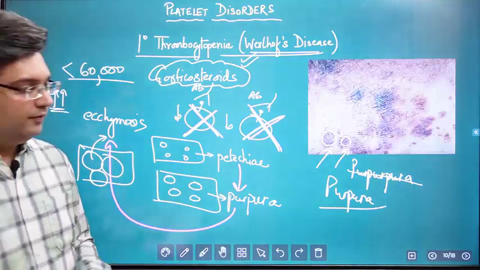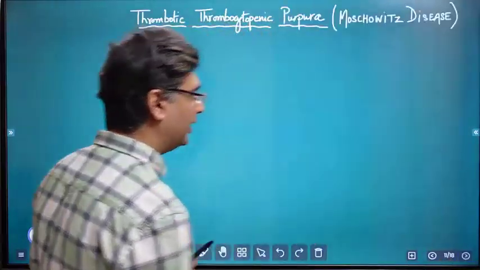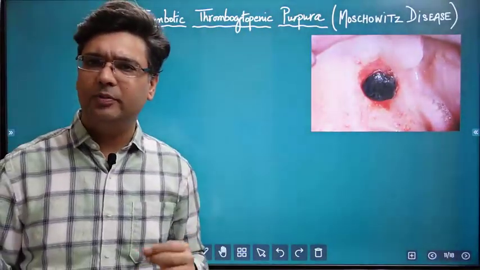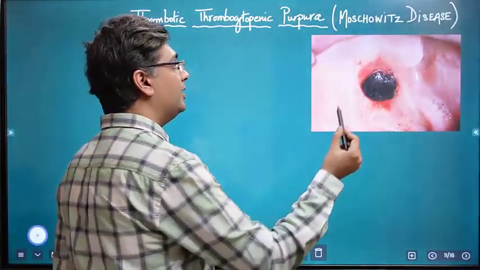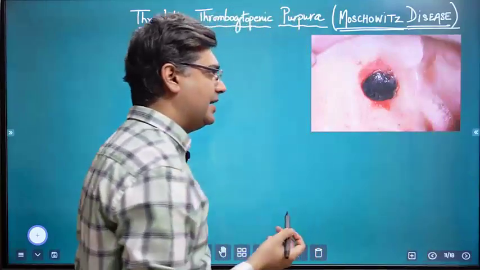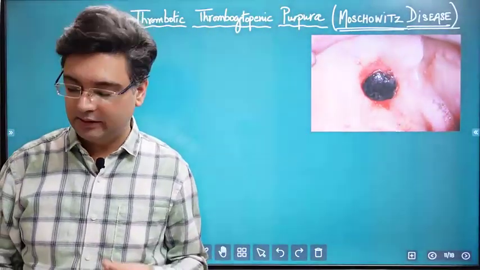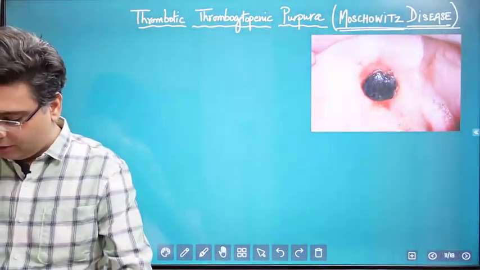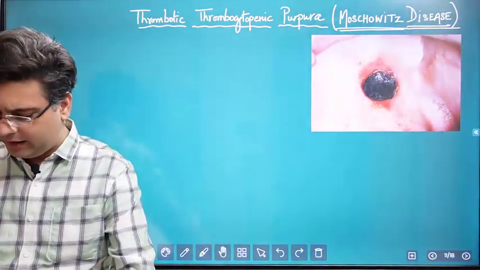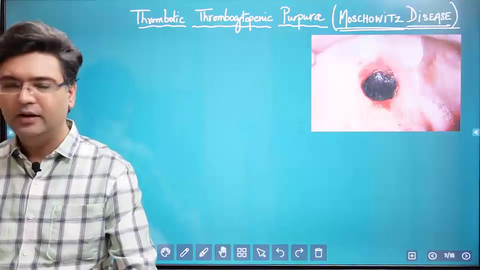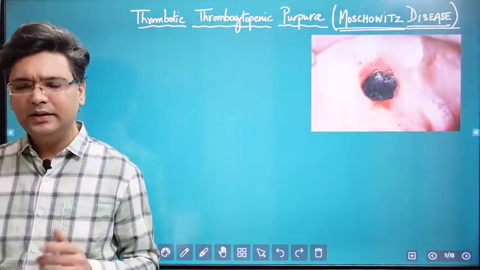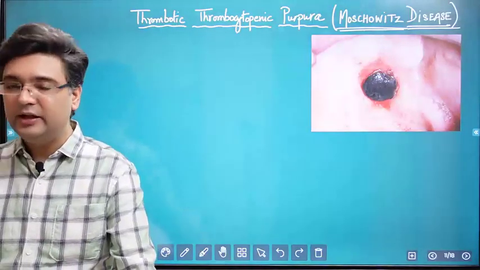Next, we are talking about a condition called thrombotic thrombocytopenic purpura. It is also called Moschcowitz disease, a life-threatening multi-system disease of very obscure nature, but it is also immunologically mediated.